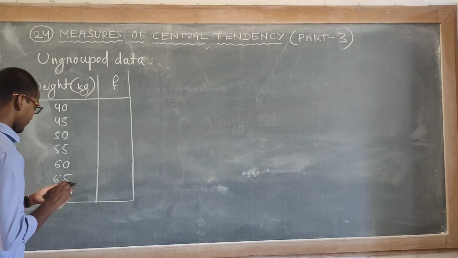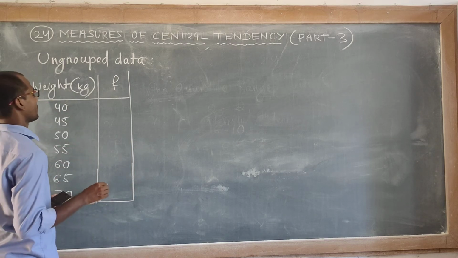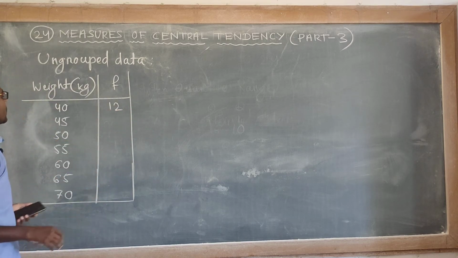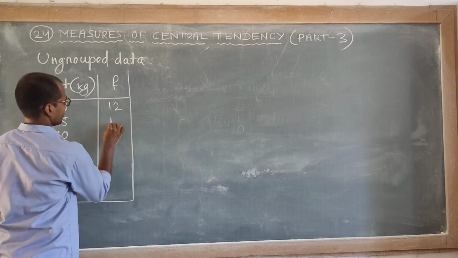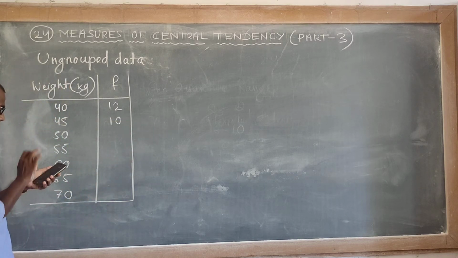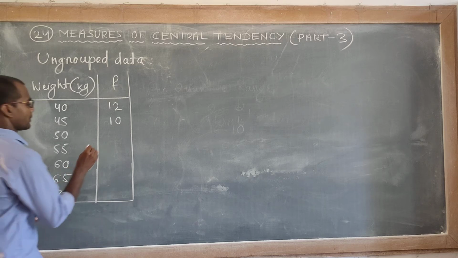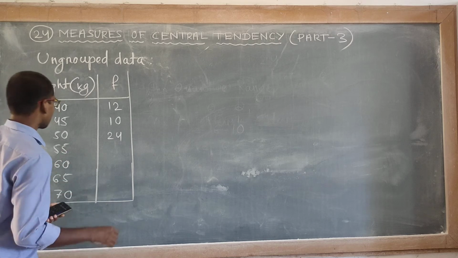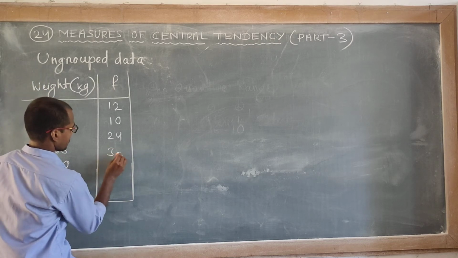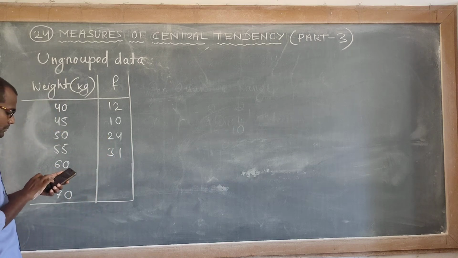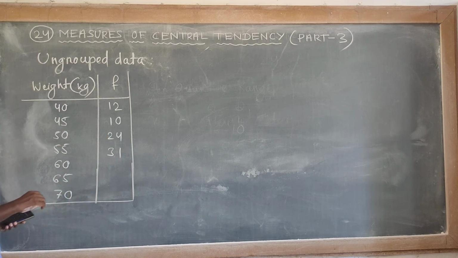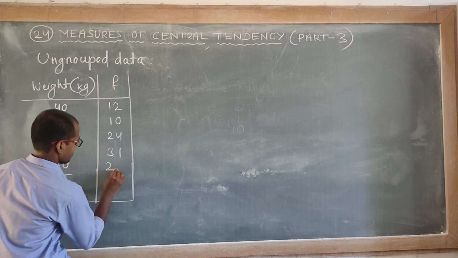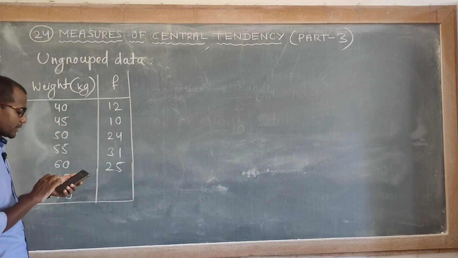Suppose at 40 kg there are 12 students, at 45 kg there are 10 students, at 50 kg there are 24 students, at 55 kg there are 31 students, at 60 kg there are 25 students.